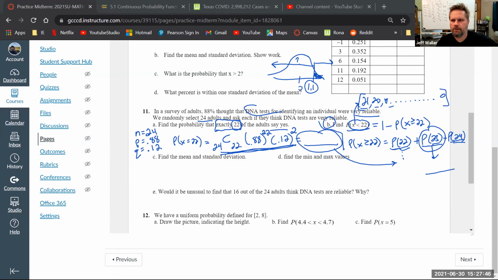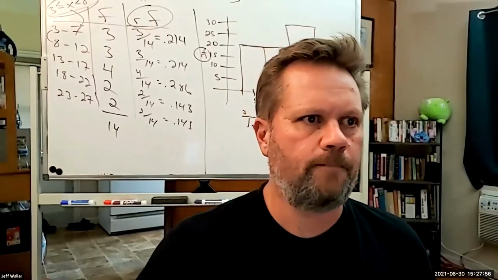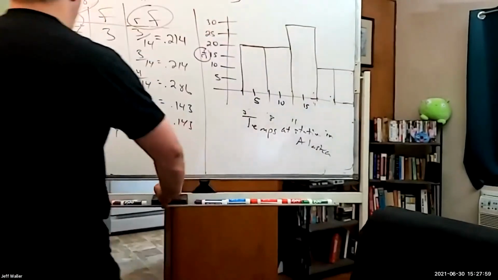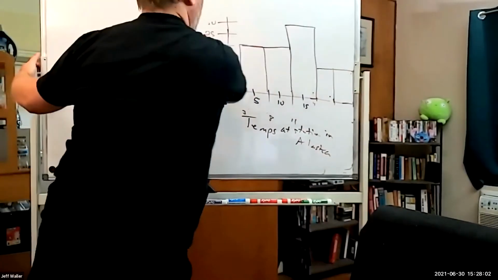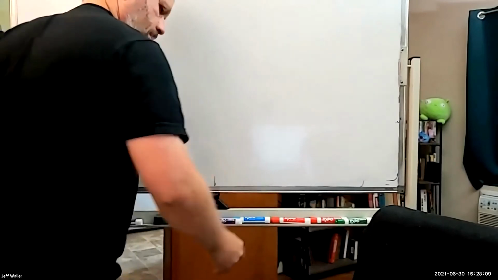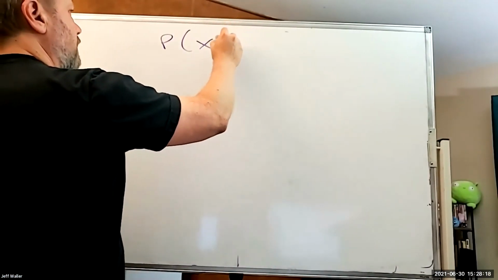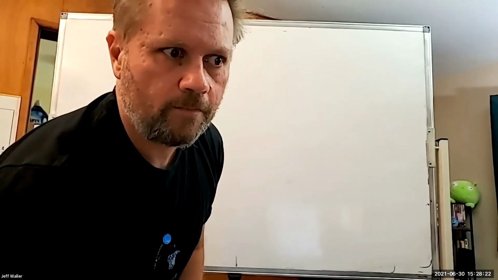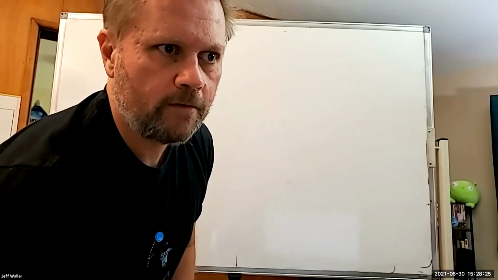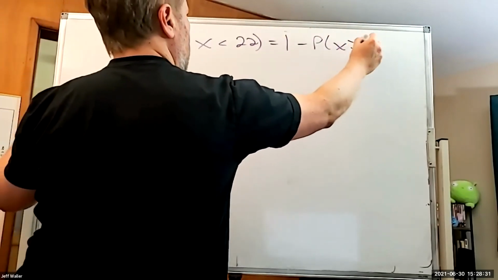Let me go up to the board. It says probability X less than 22, and this is equal to 1 minus the probability for any.